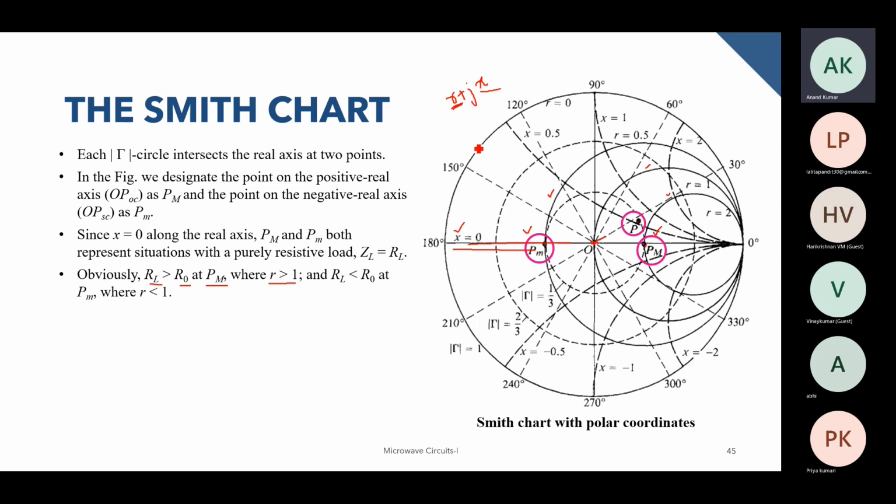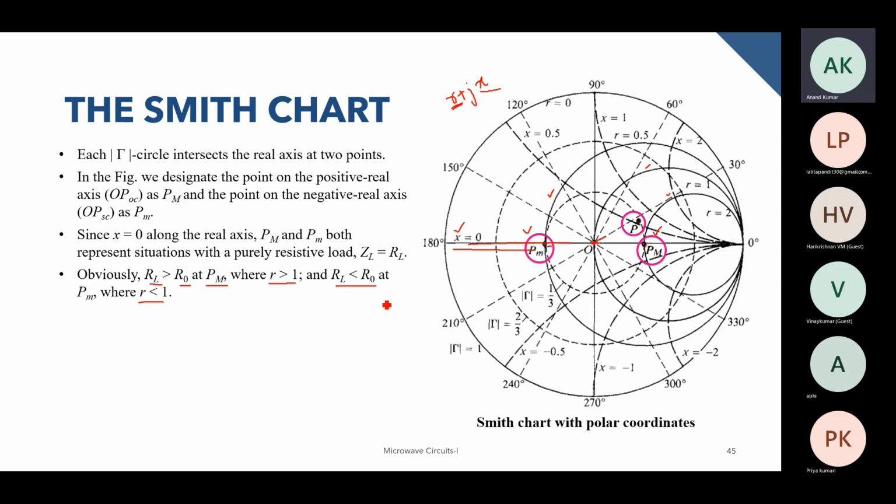As soon as you move away from the origin on the left hand side, the R value becomes less than 1, and on the right hand side, the R value will be greater than 1, and this implies that RL will be greater than R naught. Similarly, if you are lying on the left hand side of the origin, you will have R less than 1, and for Pm you will have RL less than R naught.